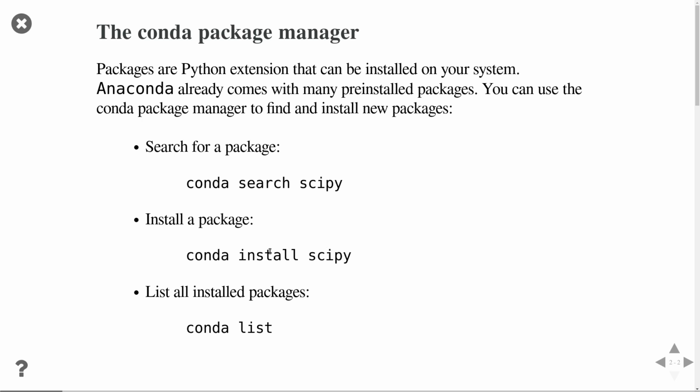And then there's a similar command for removing packages again, or upgrading packages, for example. And then at the end, you can also list the packages that you've currently installed. So it's a fairly simple package manager to switch between versions and install new packages that you might want to use.